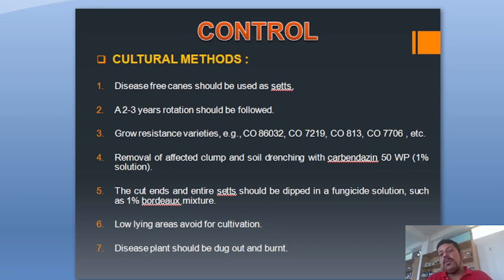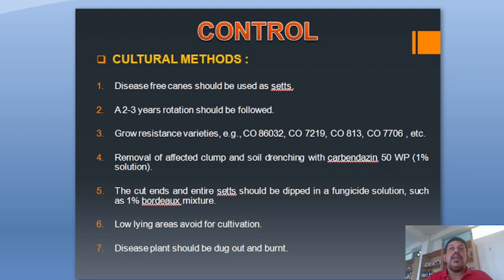They are not plant pathologists like us, they are not botany students like us, but we have to make it very clear to them how they can do these things. Management is very important, and we have to give them a clear idea so that they can practice it within a very limited cost.